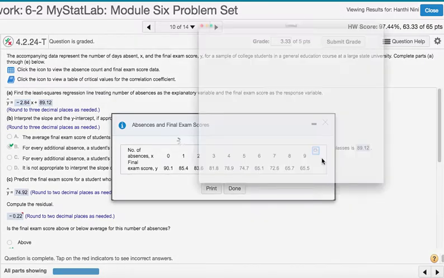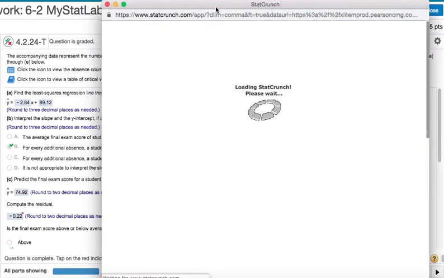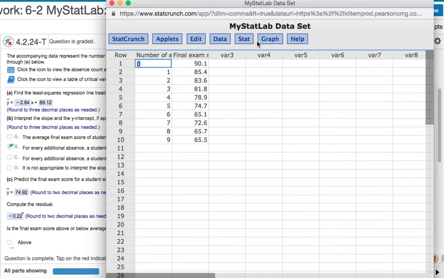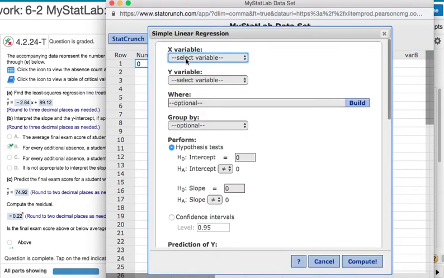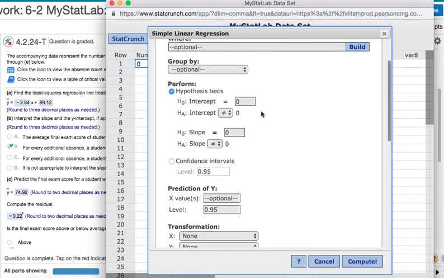So let's go ahead and open this in StatCrunch, and then we're going to compute, let's see, we'll go into regression and compute the simple linear regression. So our X variable is the number of absences, and our Y variable is the final exam score.